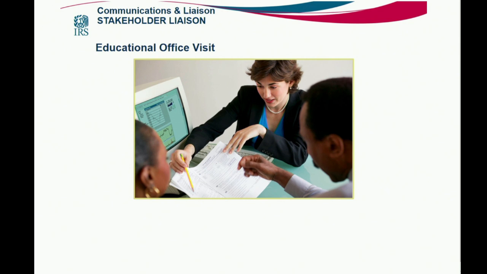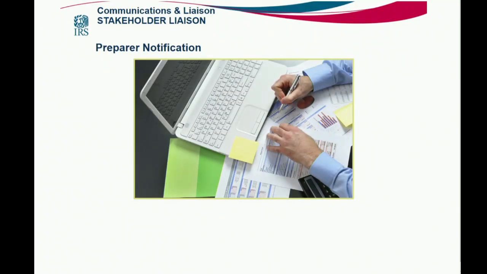Now, let's talk about the process for a correspondence due diligence examination. So the IRS will mail initial contact letters that notify a preparer that they have been selected for either a correspondence due diligence examination or an in-office due diligence examination as part of our paid preparer due diligence program.